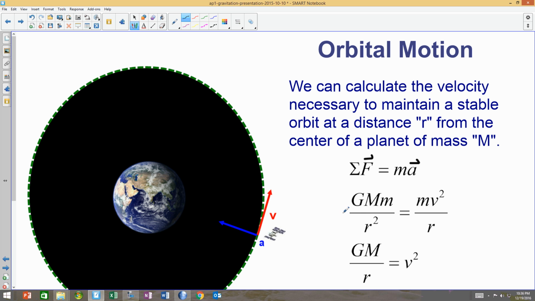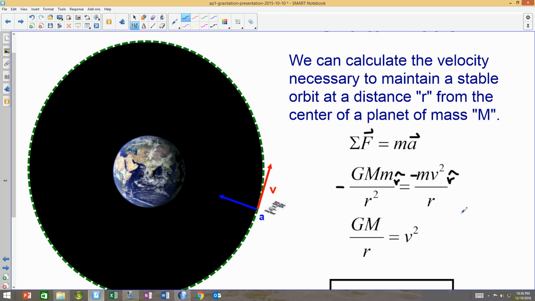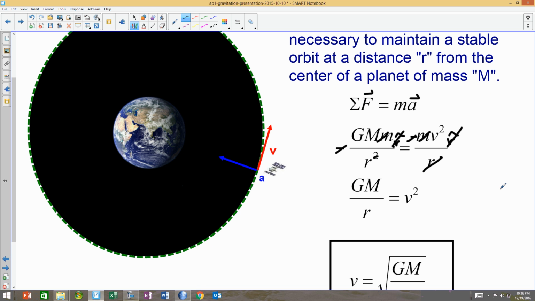We know that the gravitational force, which is directed inward, is equal to mv squared over r, crossing out the unit vectors and the direction. And notice here we also have a separate r. We could cross that out. We can cross this m out, this m out. The negatives cancel out. The r hats cancel out. And we're left with GM over r equals v squared.